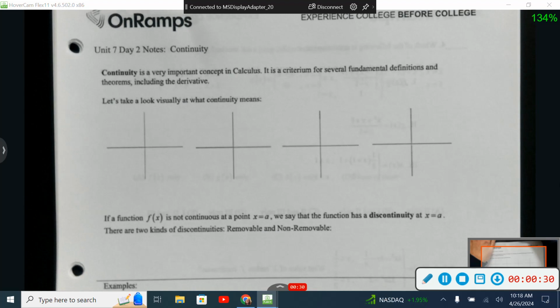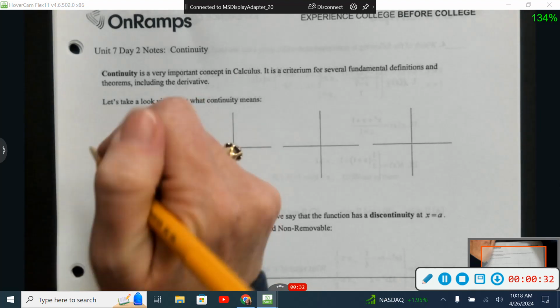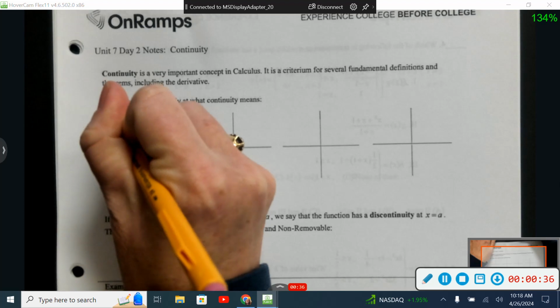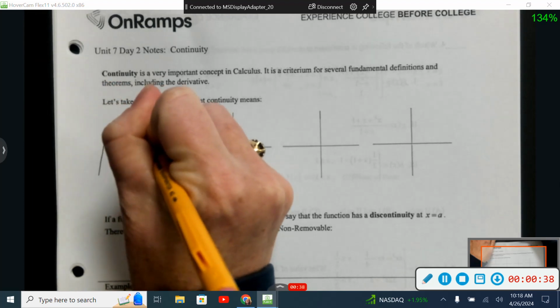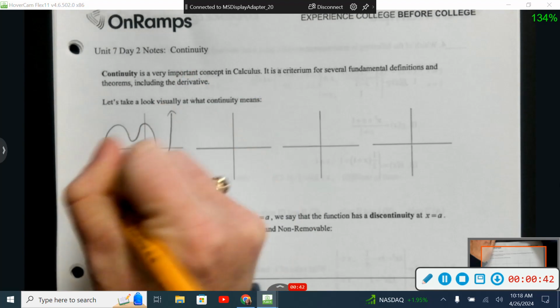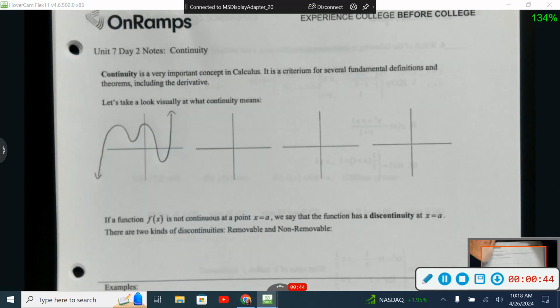When we talk about this, I'm going to draw a picture of each one for you. The first one I'm going to draw is just a little polynomial. Any kind of polynomial, where I drew the whole graph without picking up my pencil, means this graph is continuous.